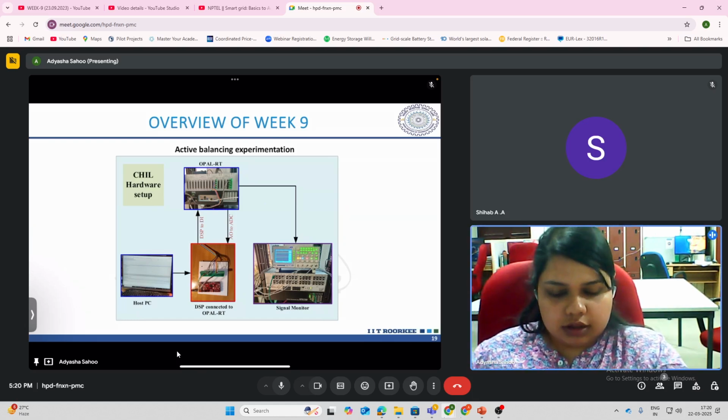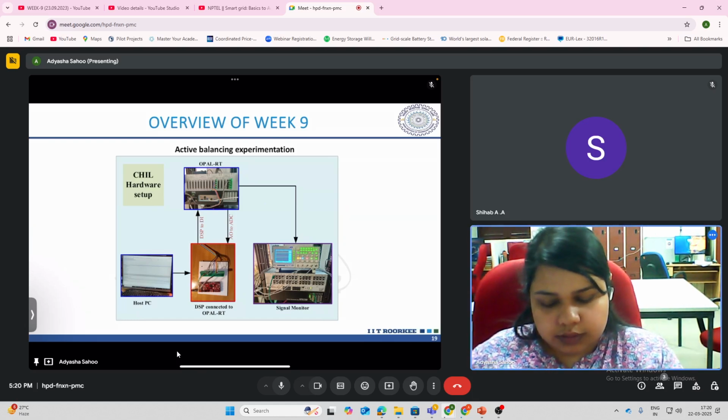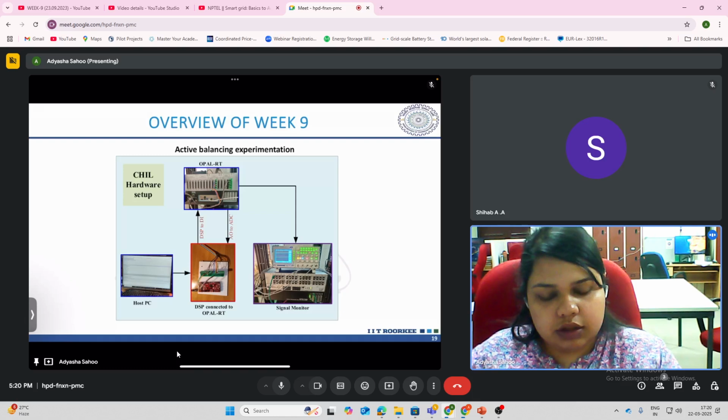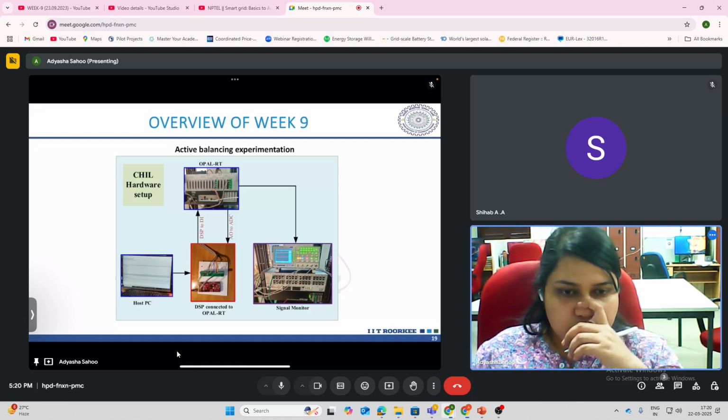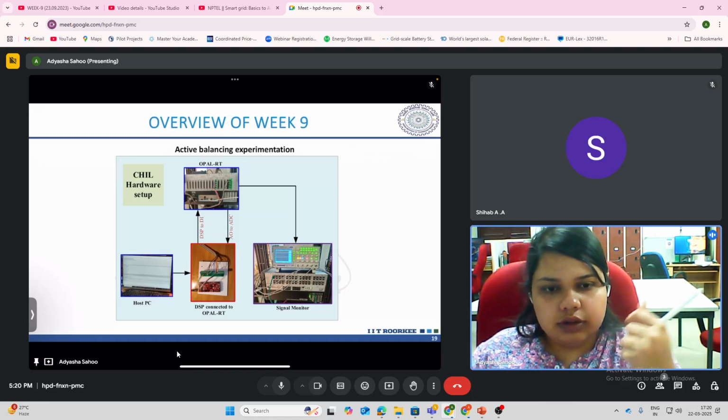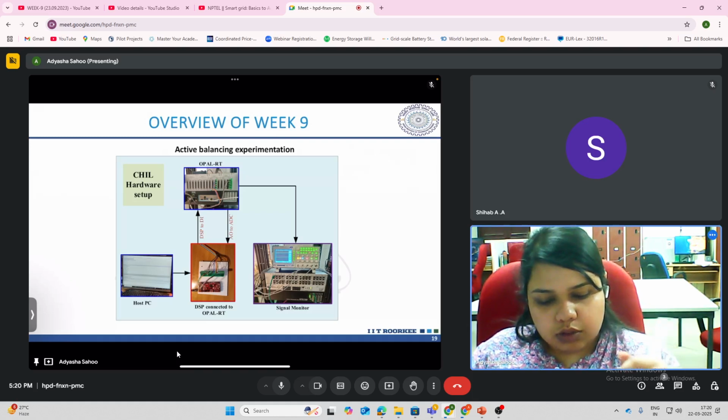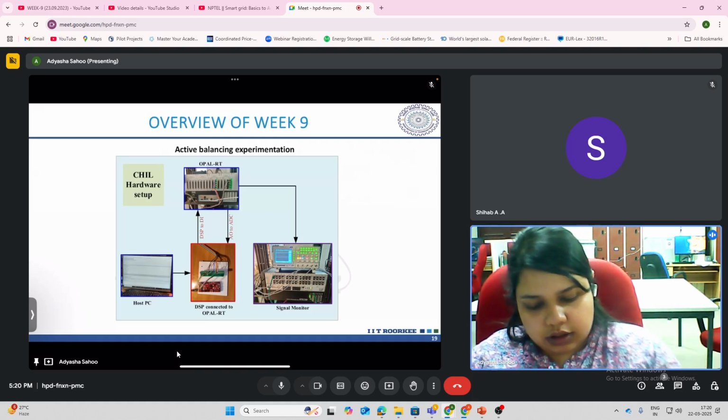So that was passive balancing, and in active balancing, we have a control hardware in loop setup. Earlier, what we saw was a power hardware in loop. Now this is a control hardware in loop, meaning that only the control algorithm you are coding in the DSP here.